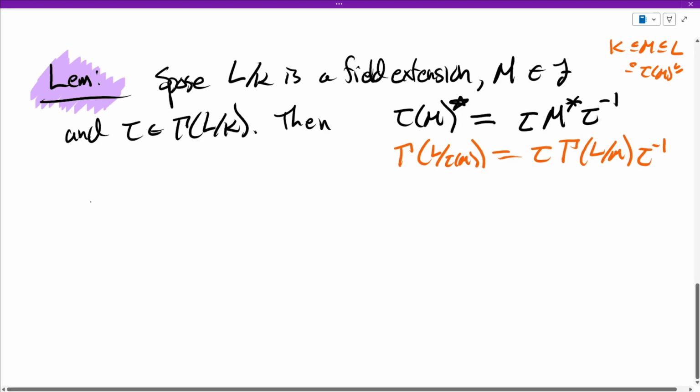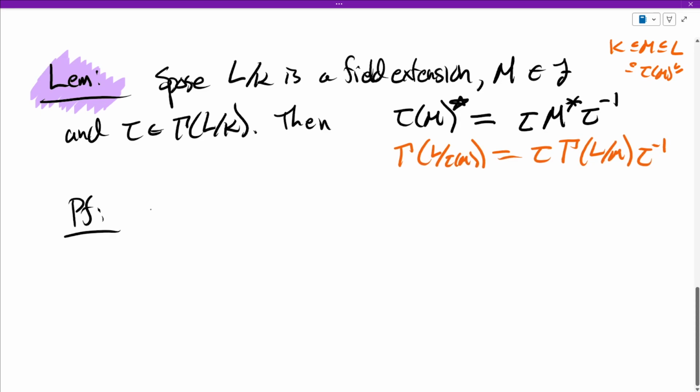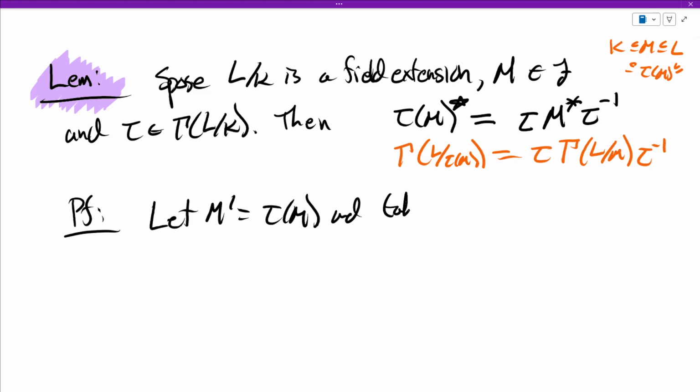All right, proof. For notational convenience, we're going to let M prime be tau of M. And we're going to take some gamma in M star. Again, that's the Galois group of L over M. It's something in this guy here. Now, what are we going to do? We're going to do a double containment argument, because we want to show these two subgroups are equal.